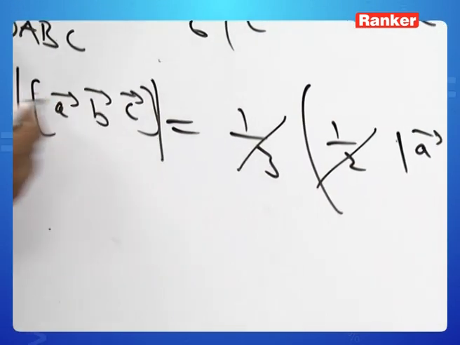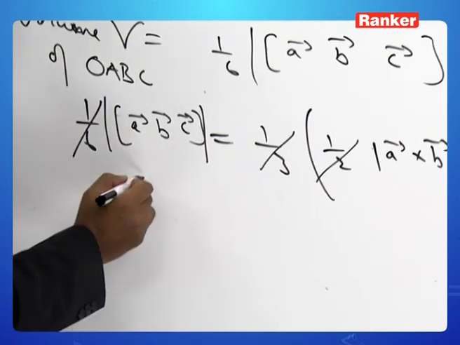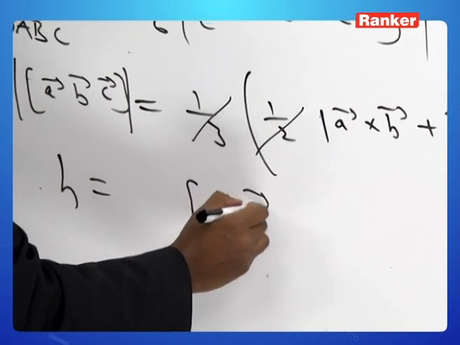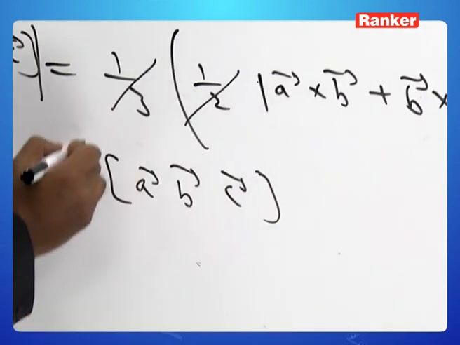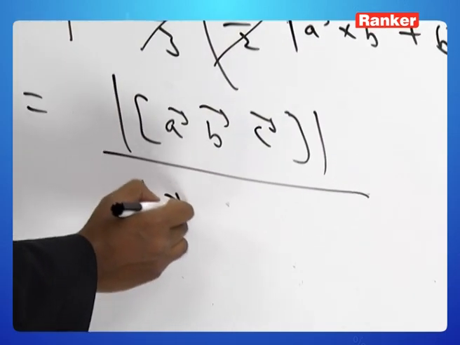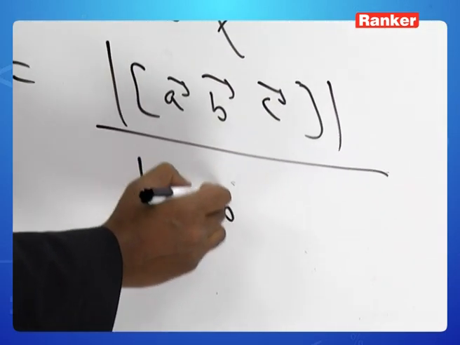This 1/6 and this 1/6 can be cancelled, and clearly H is equal to box of ABC modulus of it divided by modulus of A cross B plus B cross C plus C cross A.